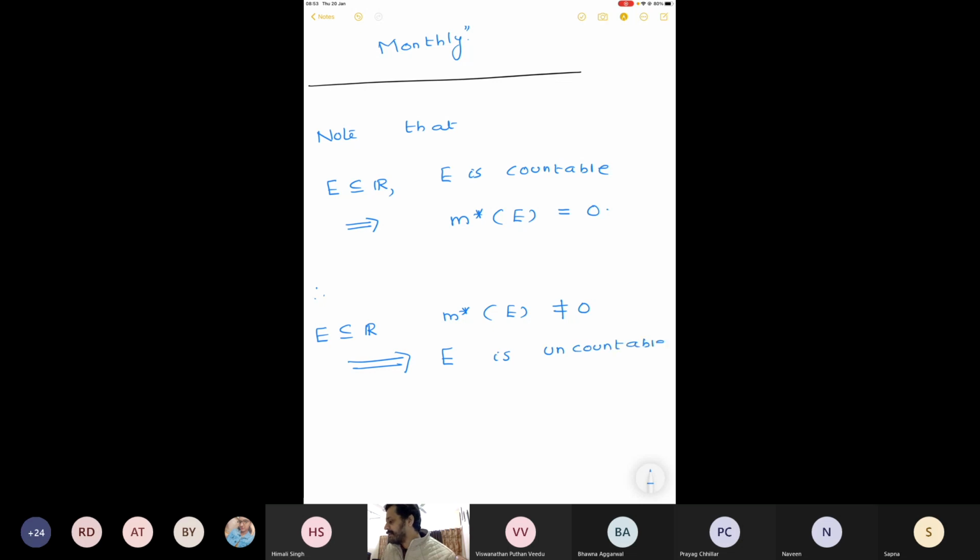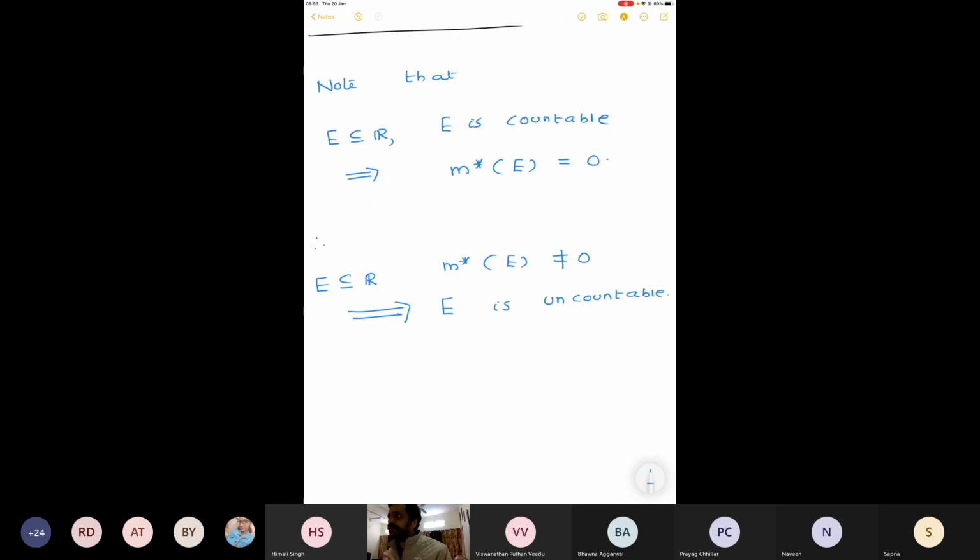You all know that if P implies Q, it is not necessary that Q implies P. That is called the converse. The converse need not be true, but the contrapositive is equivalent to the original statement. Please keep this in mind.